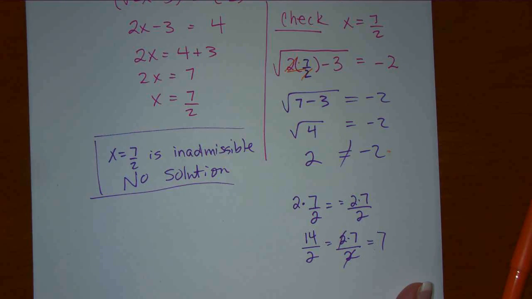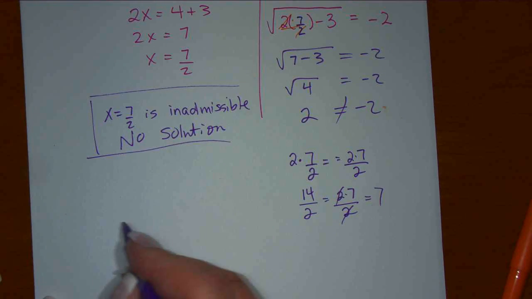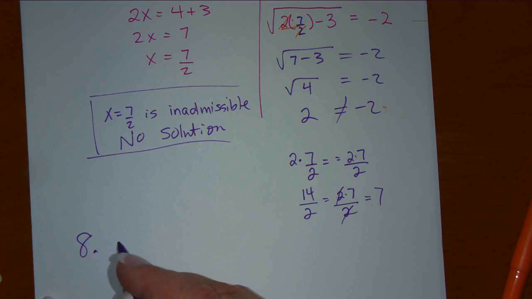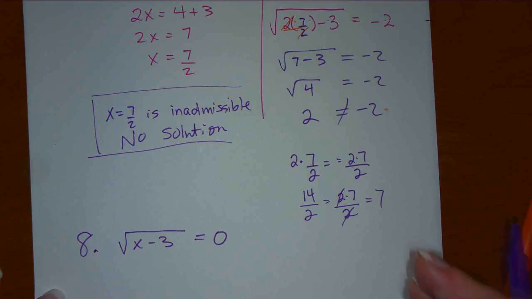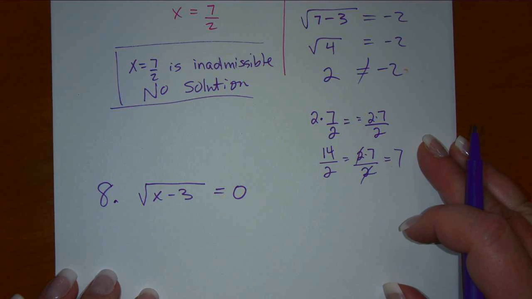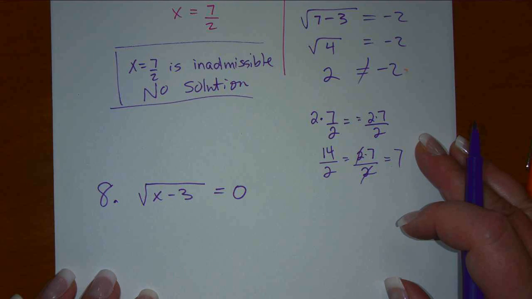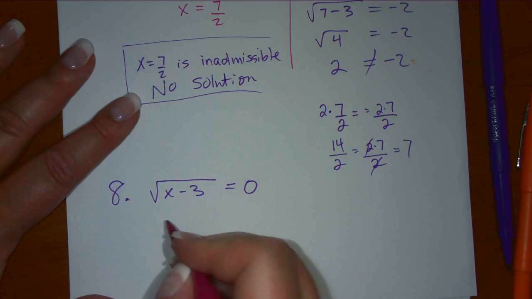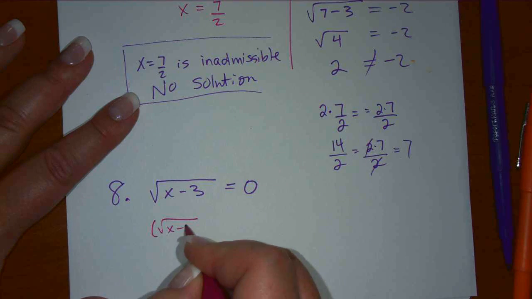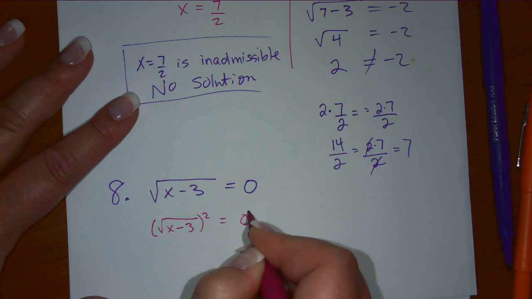Okay, what about this? Is it okay for a square root to equal 0? Yes, just not negative. It can be 0 or a positive number, just not negative. So we do the same thing. We just square both sides. 0 squared is 0.